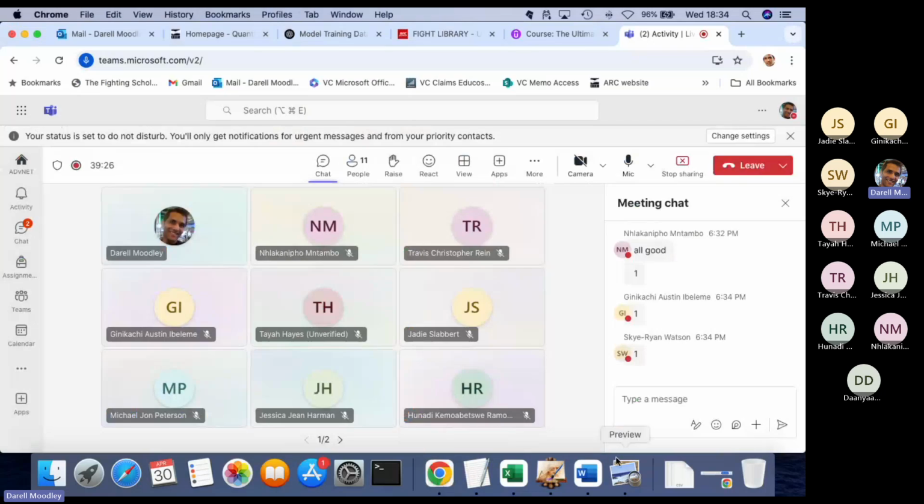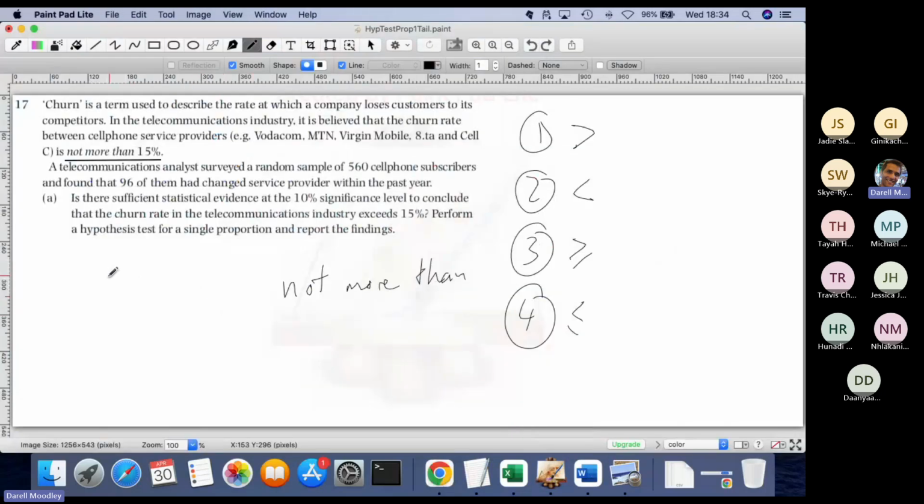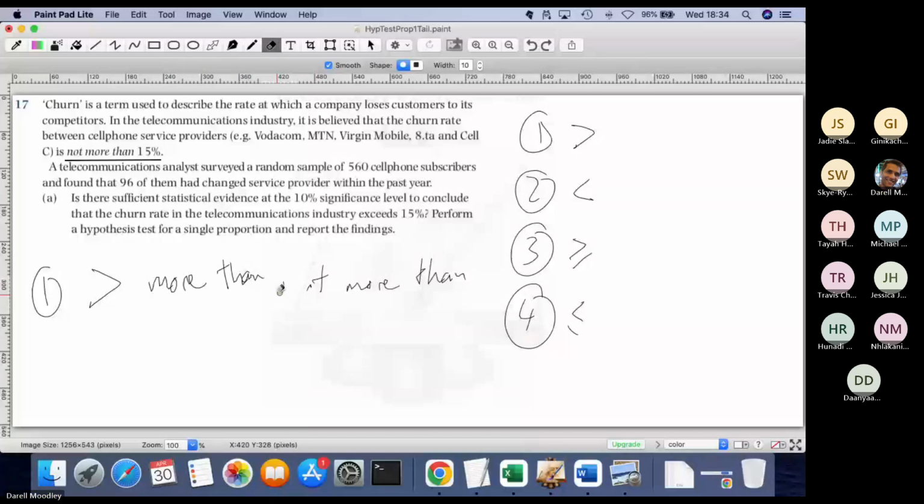Okay, let me try and explain this again. The sign for more than, I think everyone agrees that is option 1. This is more than. So I think everyone's on board with this.